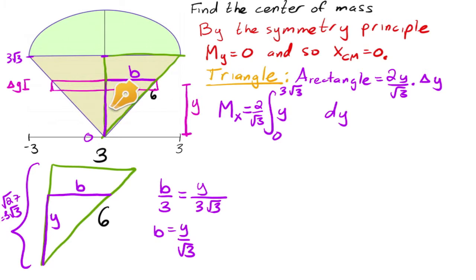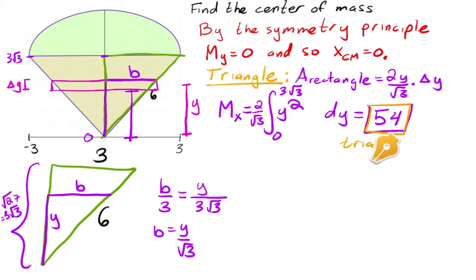And then times the distance from the x-axis, which is also going to be just another y. So this is going to be y squared dy. Okay, so simple enough. So if you do all the work there, this is equal to 54. Okay, so that's for the triangle only.